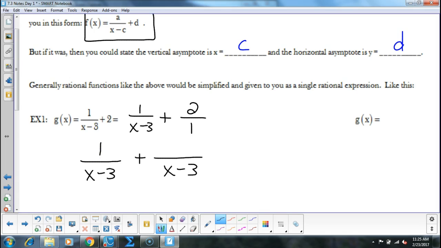Does that second fraction need adjusting? Yes, I multiplied the denominator by x minus 3. So that means I have to multiply the numerator also by x minus 3.